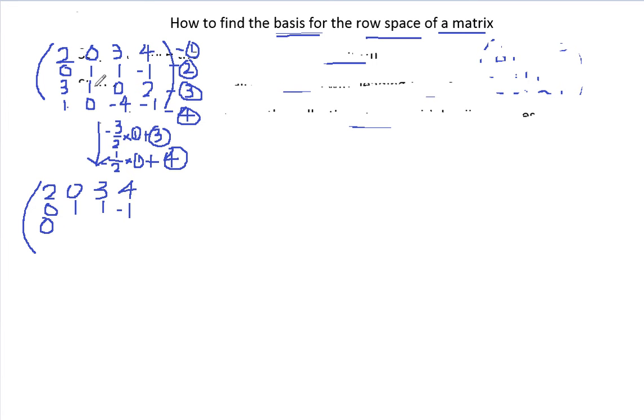And for this, minus 3 over 2 times 0 equals 0. 0 plus 1 equals 1. Minus 3 over 2 times 3 equals minus 9 over 2. Minus 9 over 2 plus 0 equals minus 9 over 2. And for this, minus 3 over 2 times 4 equals minus 6. Minus 6 plus 2 equals minus 4.